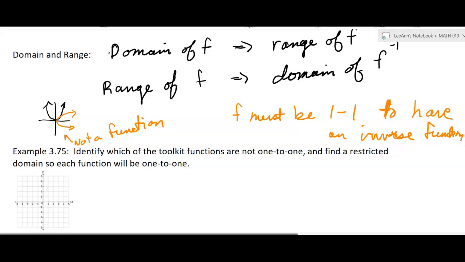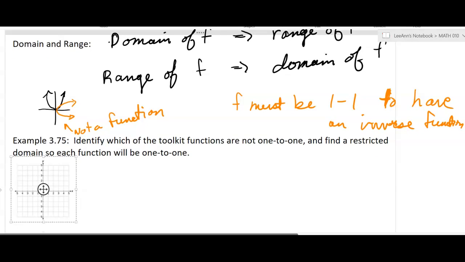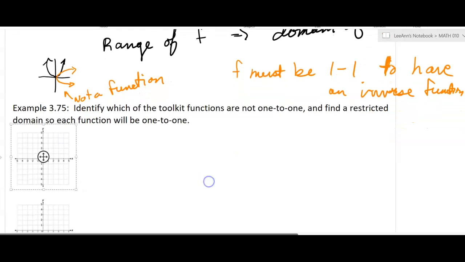Okay, so now they want us to go through the toolkit functions. It says identify which of the toolkit functions are not one-to-one and find a restricted domain so each function will be one-to-one. Okay, so first up we have the constant function, which is a horizontal line. This is not one-to-one.